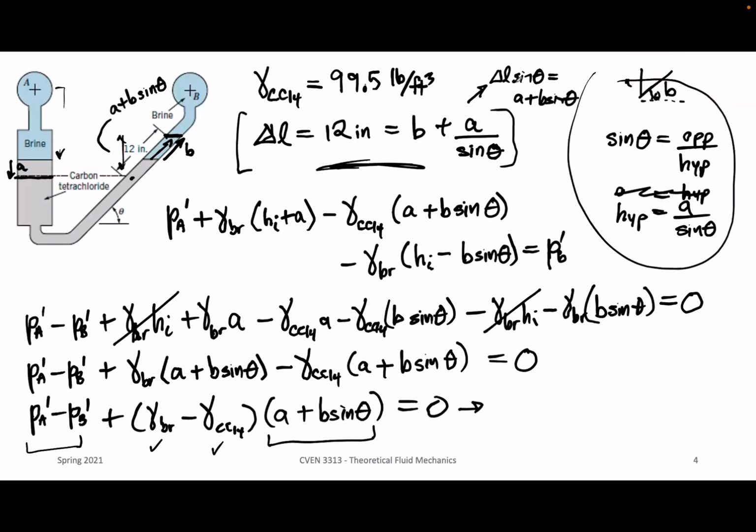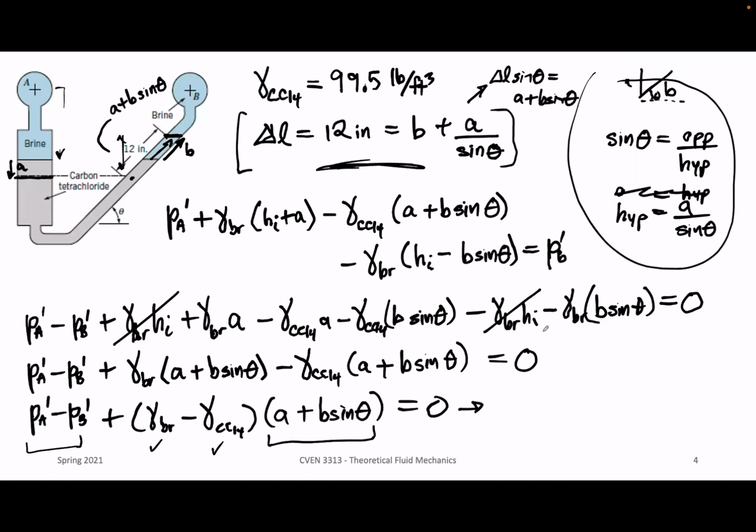Excuse me, Professor? Yeah. I think you may have corrected it in the second line of the calculation, but in the first really long line where you wrote it out, the last term, is it supposed to be plus gamma BR B sine theta? I think you fixed it on the second line. Can you see my cursor? Yeah. Is it this term you're looking at, the negative? No, one more line of calculations down. It's the last plus gamma BR B sine theta.